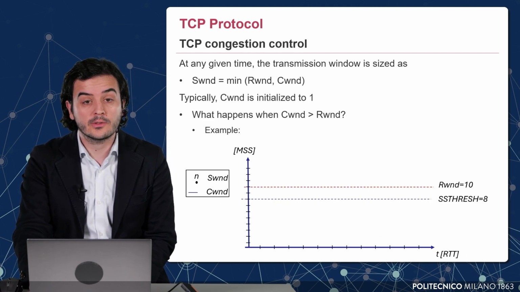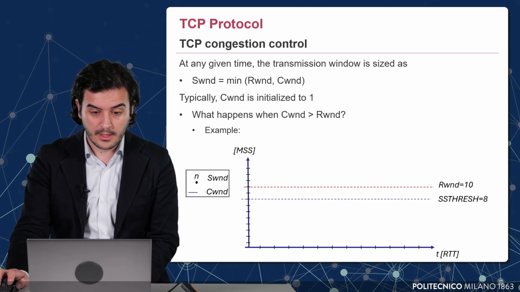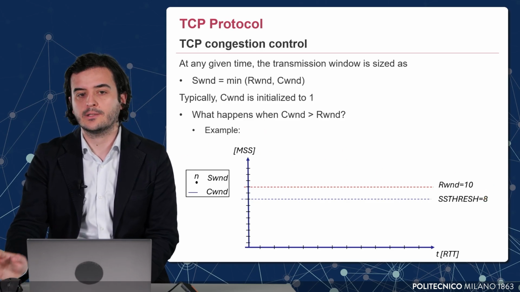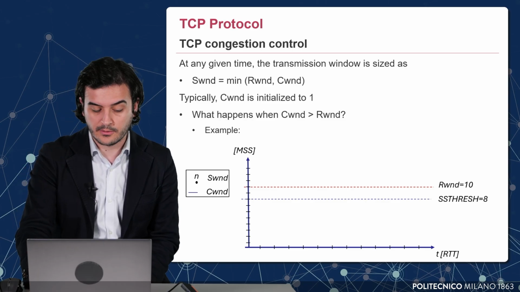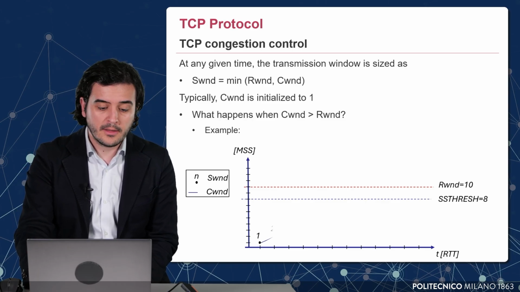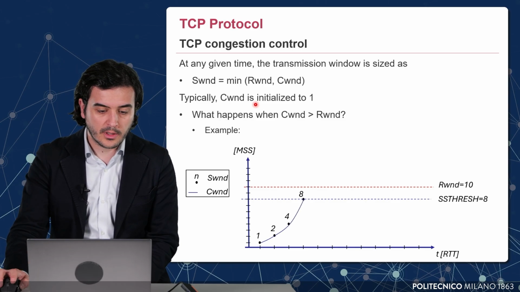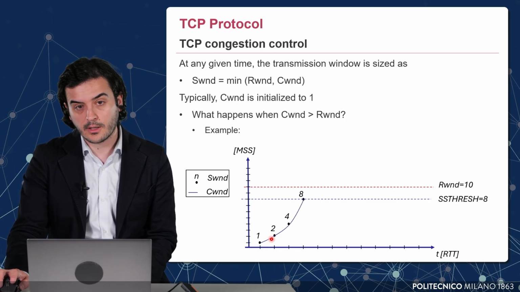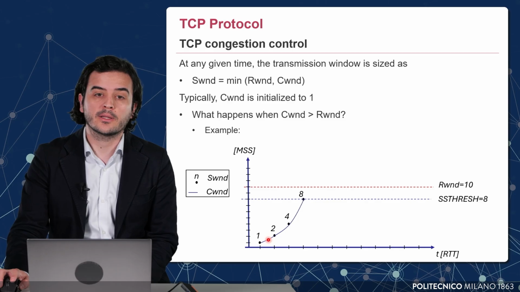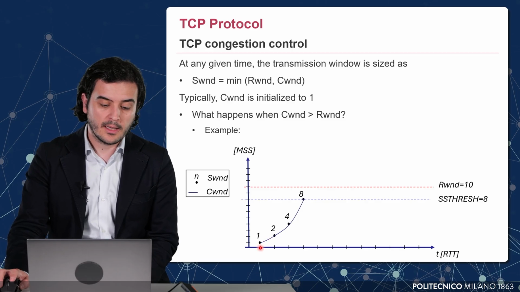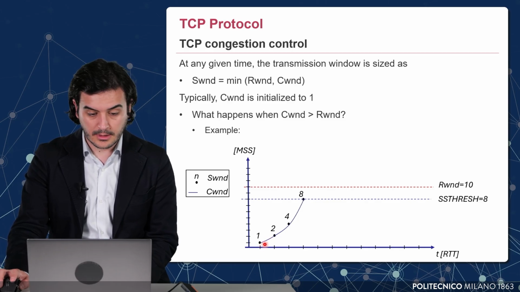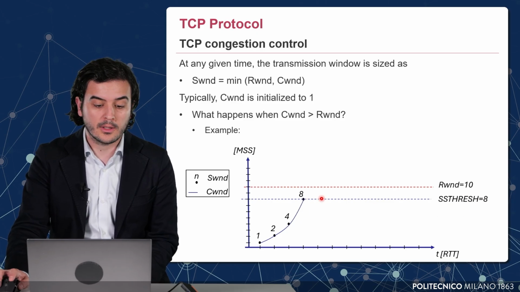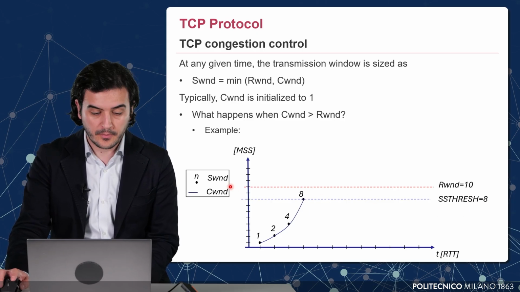We define the receiving window. The receiving window is the value which characterizes the receiver, and the threshold is the SS threshold that we have predefined. In the beginning, since we start with a congestion window equal to 1, we are in the slow start phase. The increment is exponential, and this exponential increase will happen up to a point when the SS threshold is equal to the congestion window.